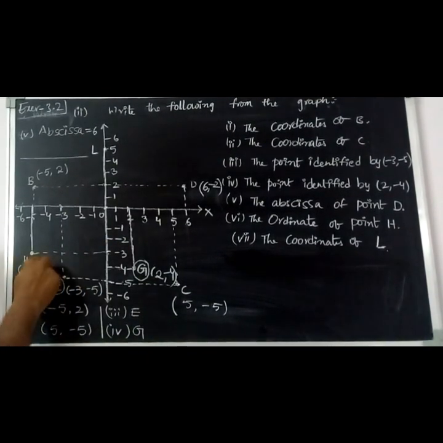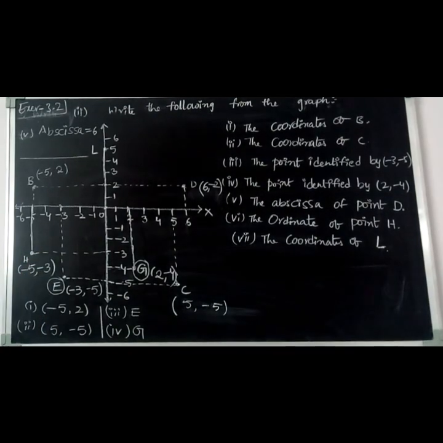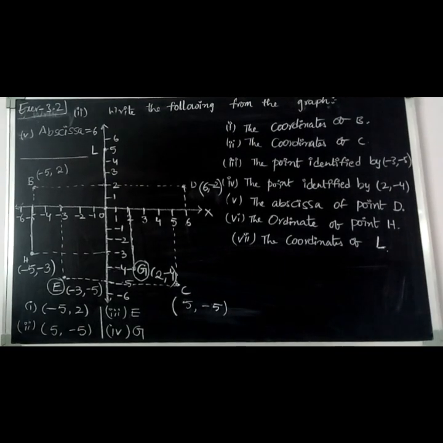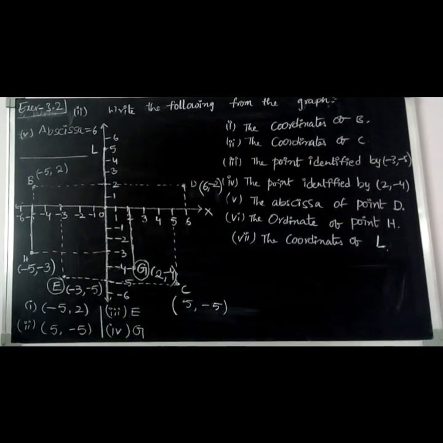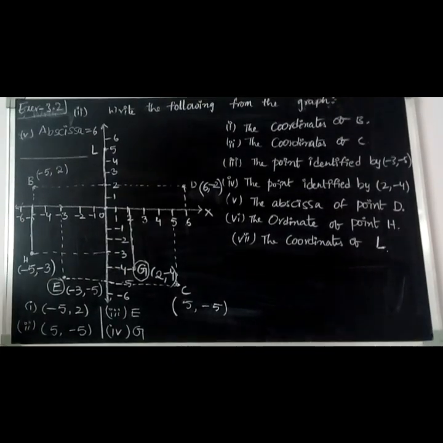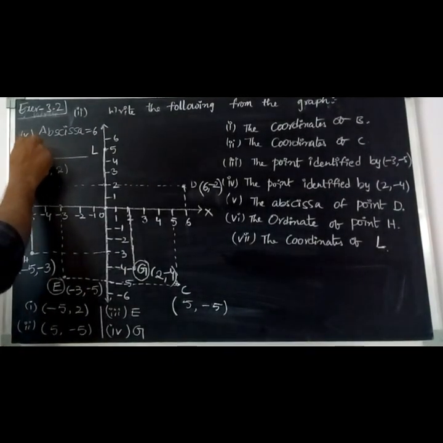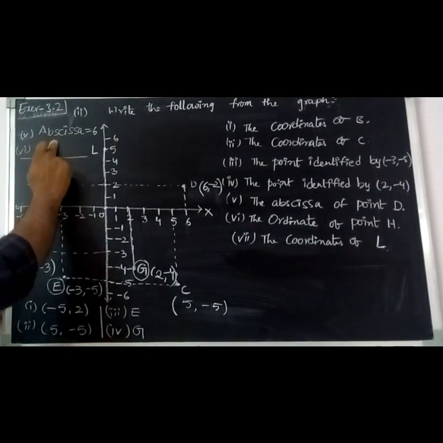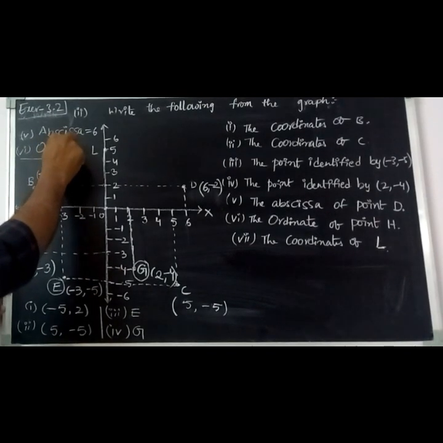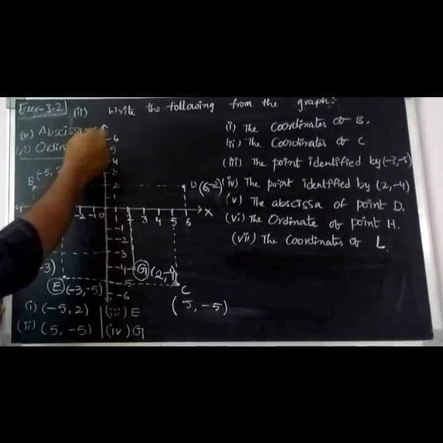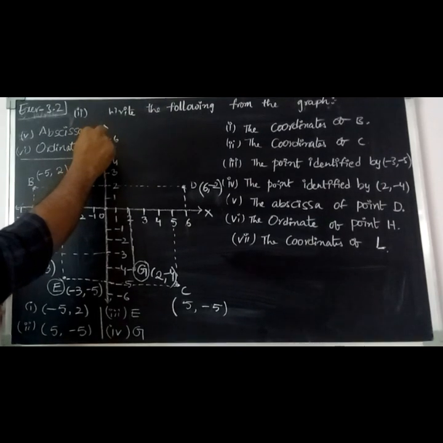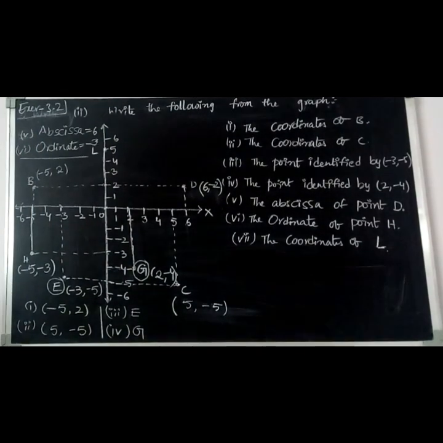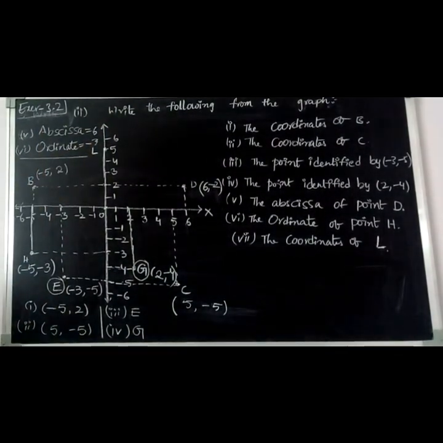On the y-axis we can see minus 3. Therefore the point is minus 5, comma minus 3. As I told you, the y coordinate is called the ordinate. So the y coordinate here is minus 3, hence ordinate is equal to minus 3.